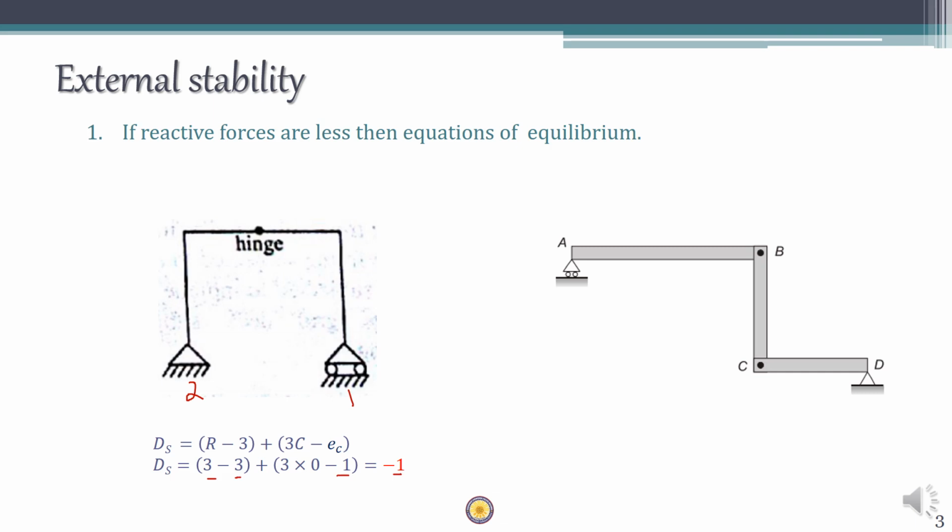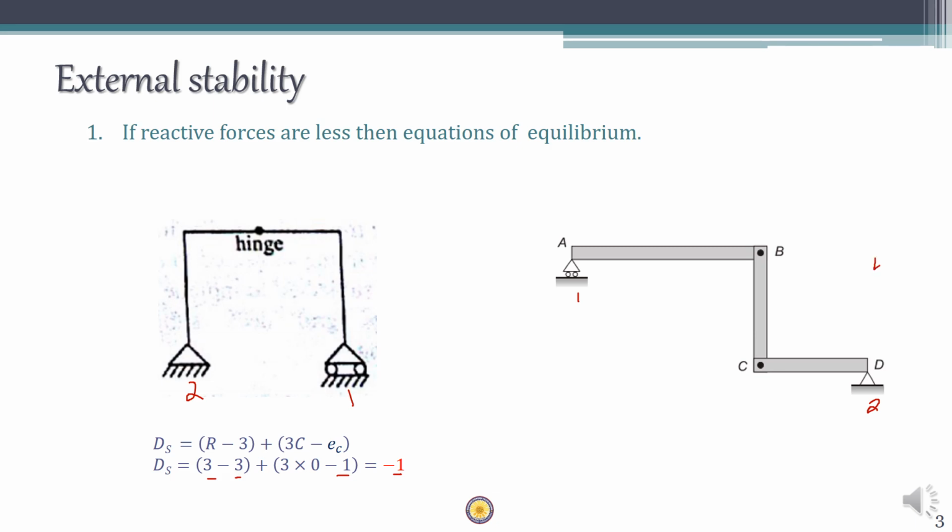In this case, if you notice, there is one reaction here, a roller support, and two reactions here. However, we can find two additional hinges here, or this can be called a link. So here also the total number of equations is 3 plus 1 plus 1, which is 5.